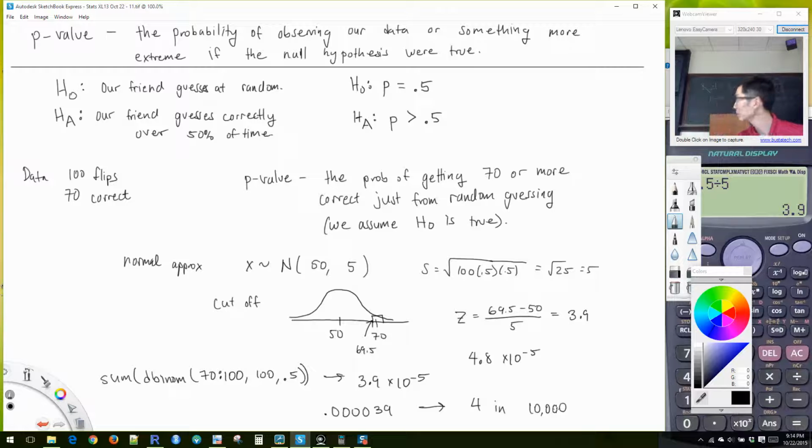Where's the 4.8 times 10 to the negative 5 coming from? That is coming from 1 minus pnorm of 3.9. You would not find it in your table in the book.